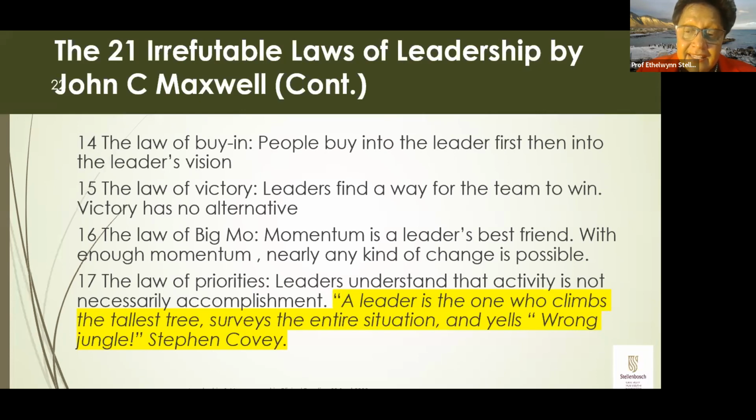Then the law of priorities. Leaders understand that activity is not necessarily accomplishment. And I quote Stephen Covey, "A leader is the one who climbs the tallest tree, surveys the entire situation and yells, wrong jungle." Maybe the activity that they've applied was not the right one. This is an important thing that one must learn to prioritize.